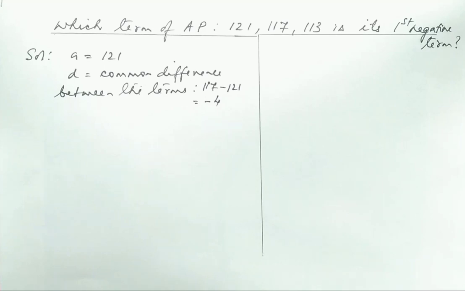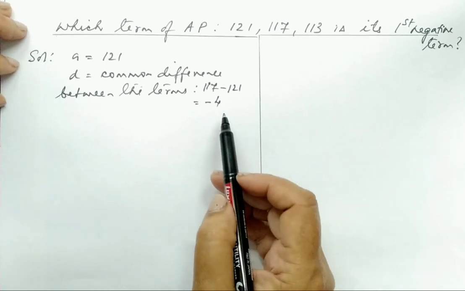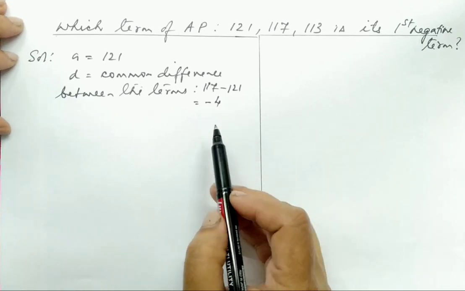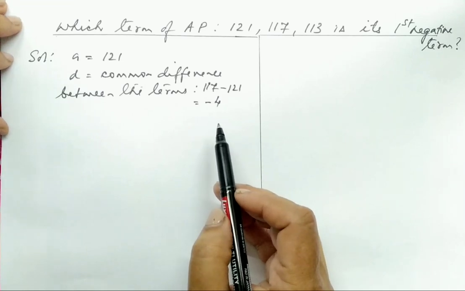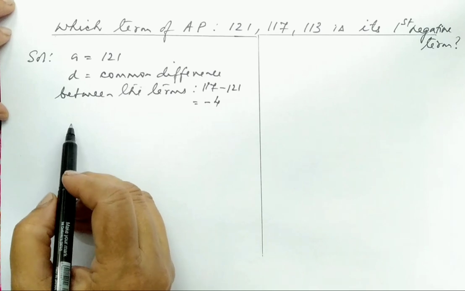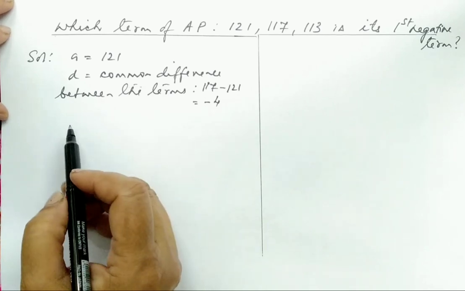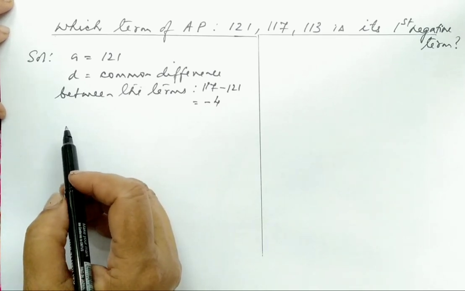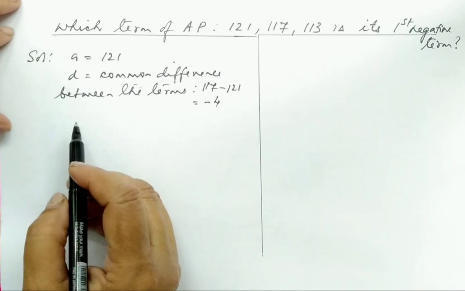Alright guys. So when we have extracted these two pieces of information, next our target should be to lay out the formula for finding the nth term.